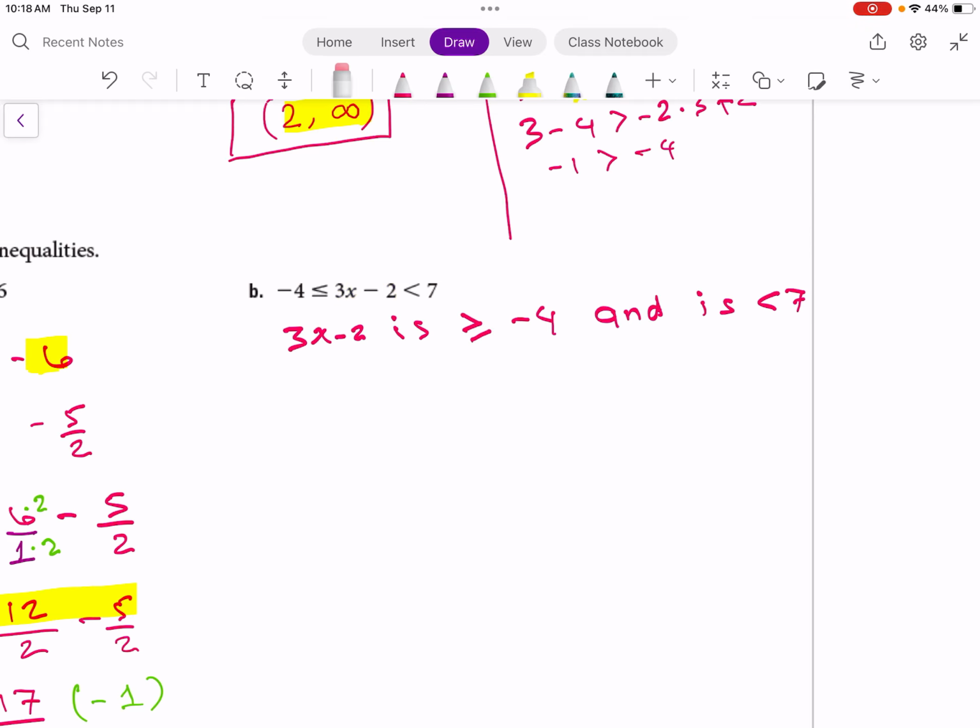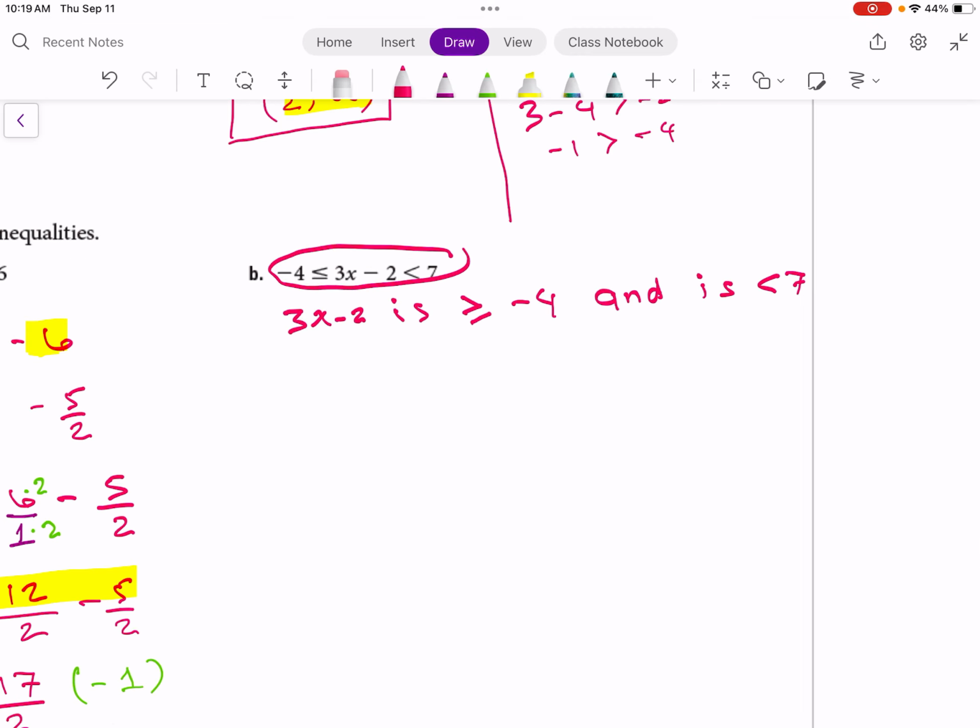Now we can rewrite this inequality as 3x minus 2 is greater than or equal to negative 4, and that same 3x minus 2 is less than 7.